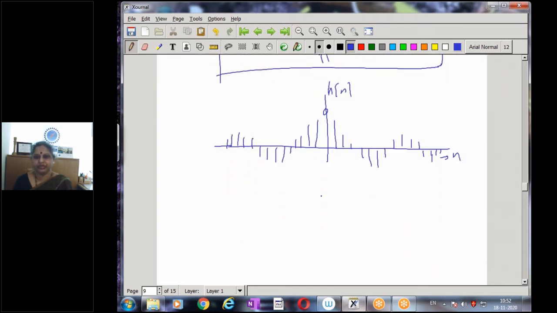As the next step, I'm going to multiply it by a window function.